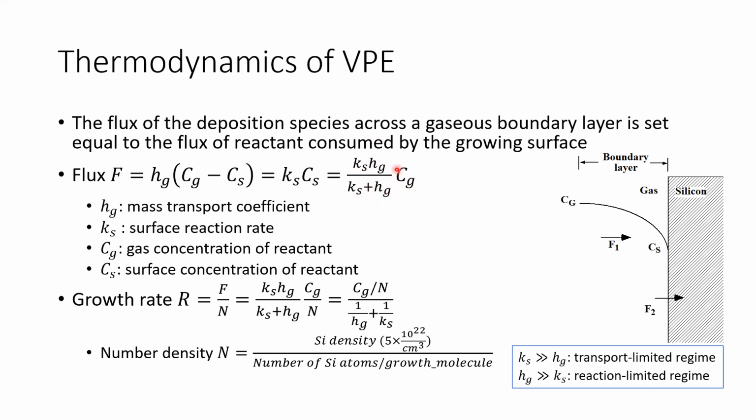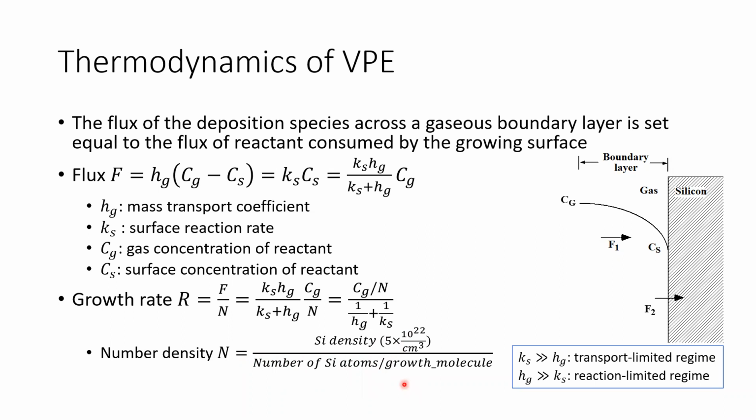Then the growth rate equals flux over N, and N is the number density. We came to this number density many times. You define it as the mass density of silicon divided by the number of silicon atoms per growth molecule.